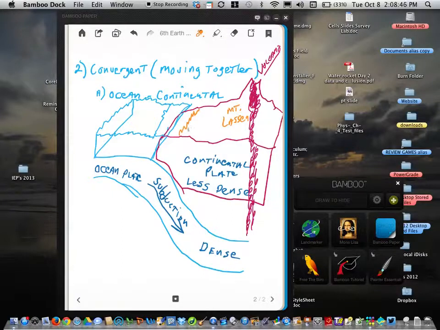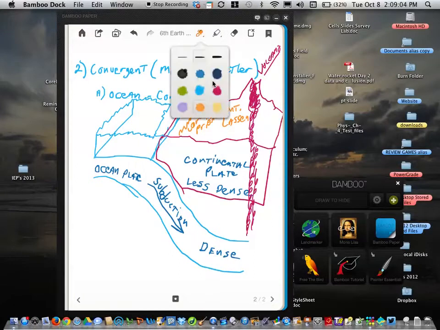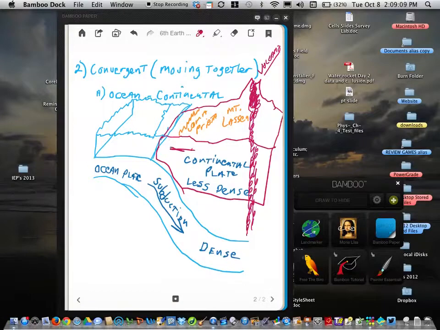This is Loma Prieta. That's actually a squished up O because it's coming together and squishing. So this plate is coming this way, and this continental plate is coming this way, and they're crashing together.